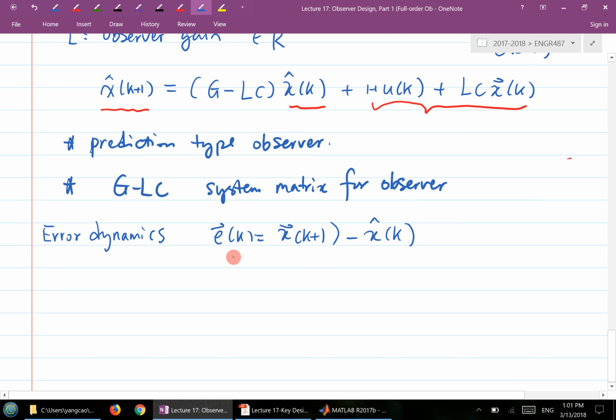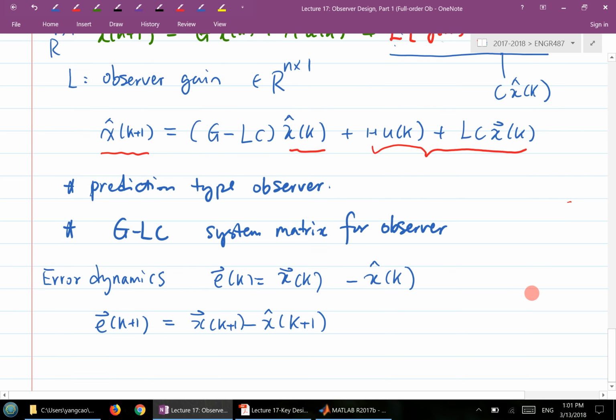If this is the error dynamics, then naturally you bump up one step. So this is your k plus 1 step here.